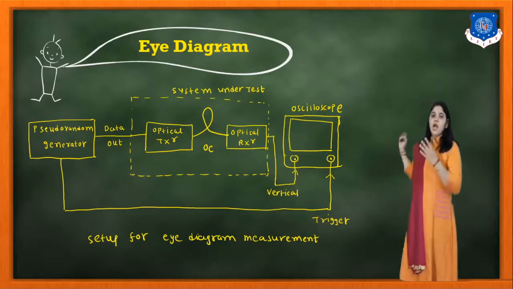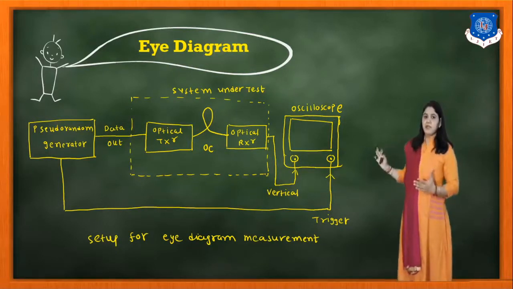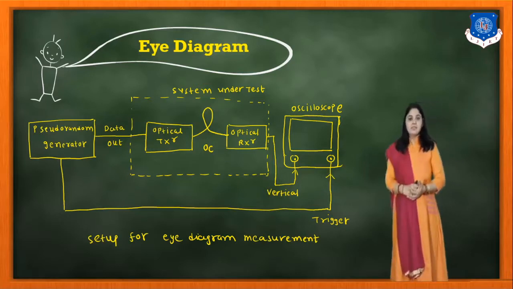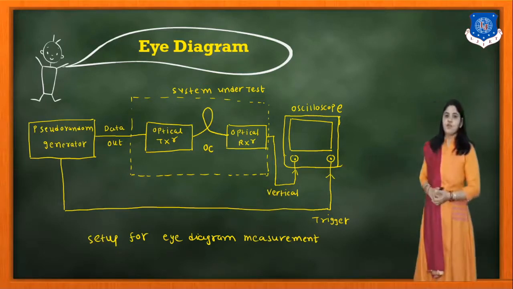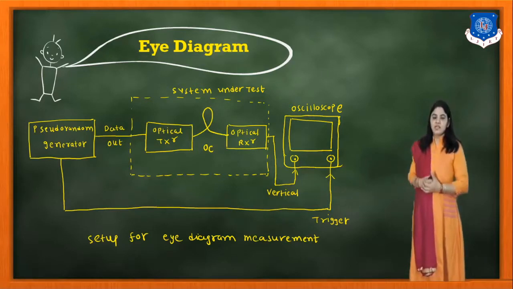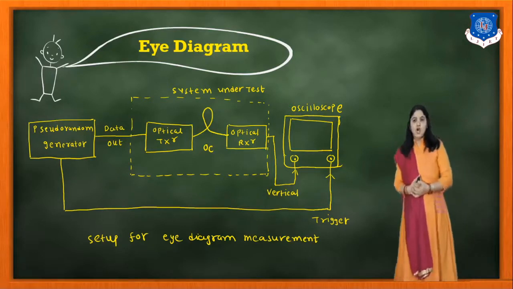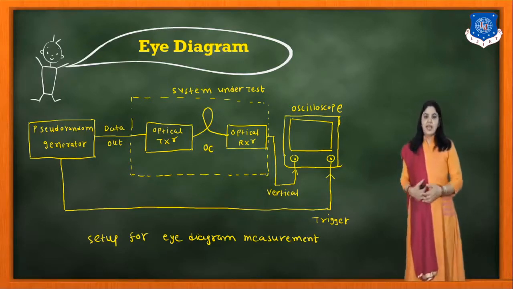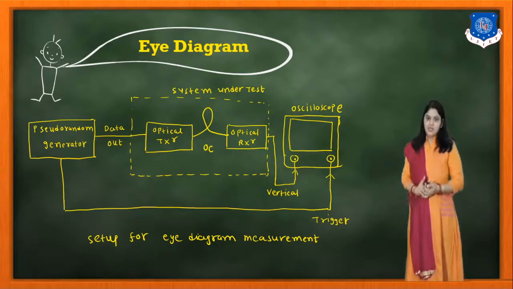Now here the eye diagram measurement procedure is shown in the form of a block diagram. The pseudo random generator generates the data, which will be transmitted by the optical transmitter and received by the optical receiver.